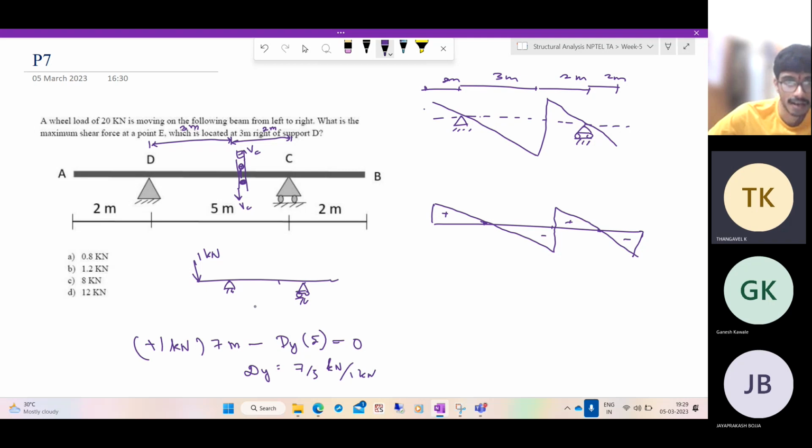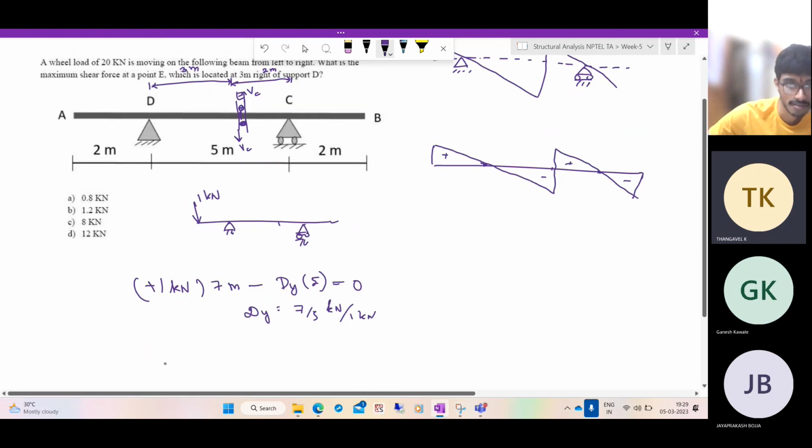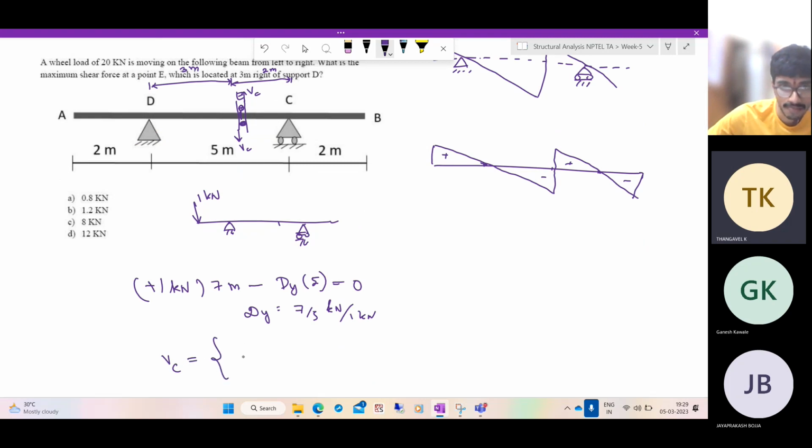And what is Vc? Not always, Vc is dy minus 1 kilonewton if the point x is less than or equal to 5 meters.